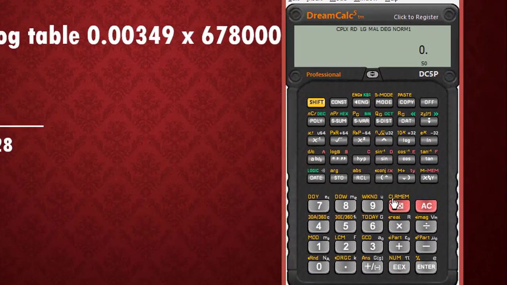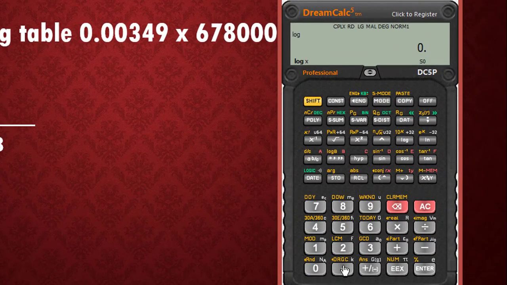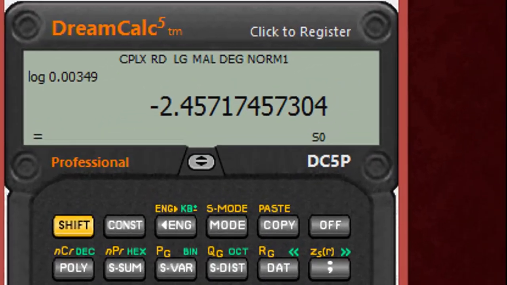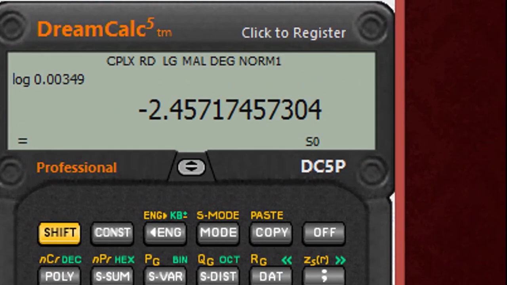Find your calculator, then just press log 0.00349 and press enter or equals to. You can see right there that the value is wrong. So this is my point of note to you: whenever you have any number that is less than 1, do not determine the log directly. You just make use of a workaround.